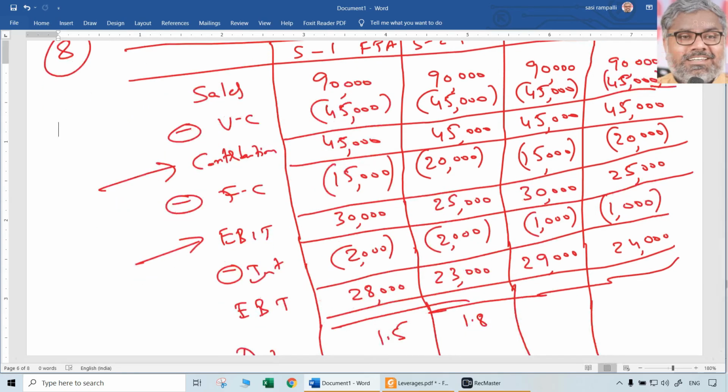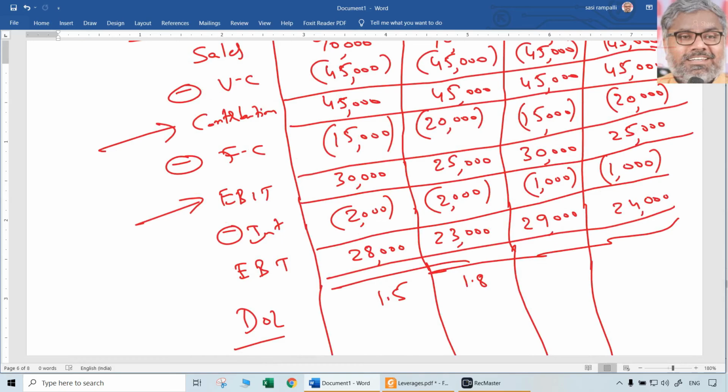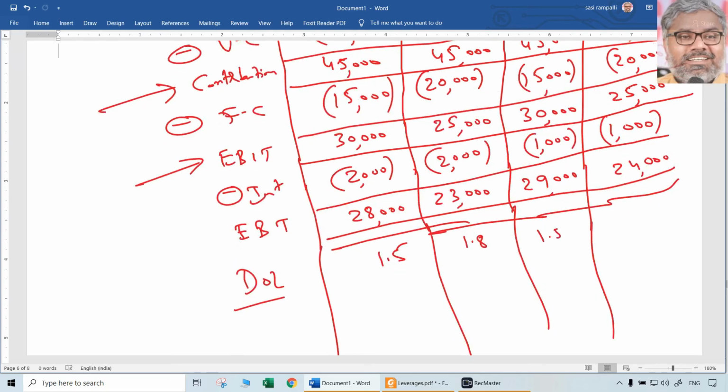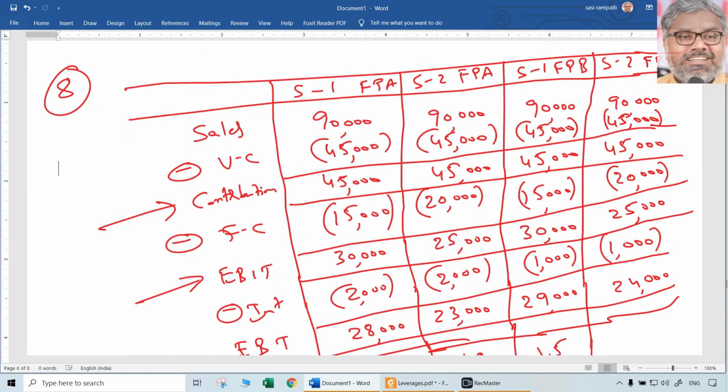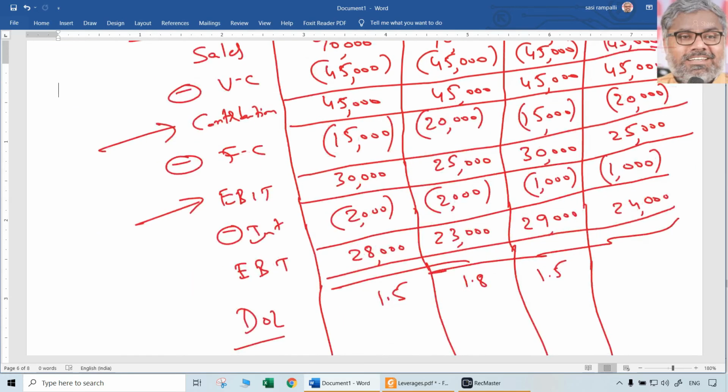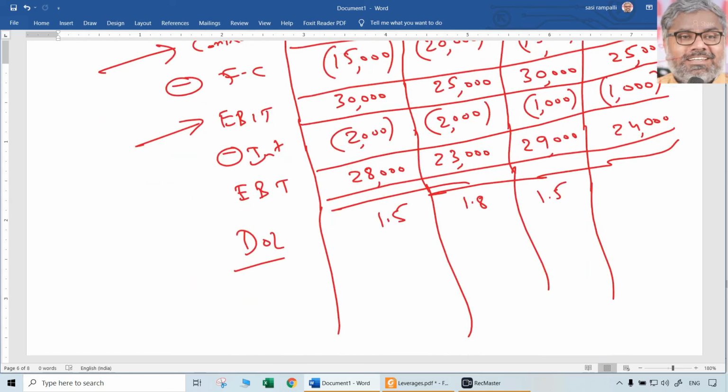Then third scenario, situation 1, financial plan B. Once you have written it clearly, just you need to refer to the things. 45,000 divided by EBIT is how much? 30,000. Once again, 1.5. So last one, 45,000 divided by 25,000. Same thing, it will be once again 1.8. This is degree of operating leverage.